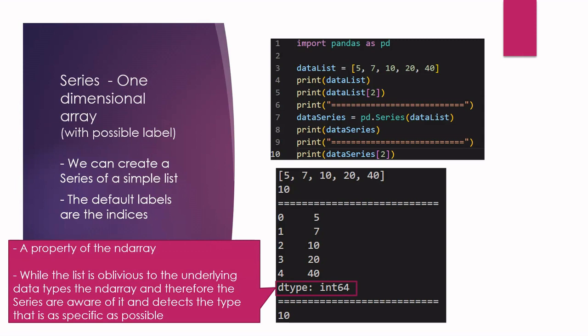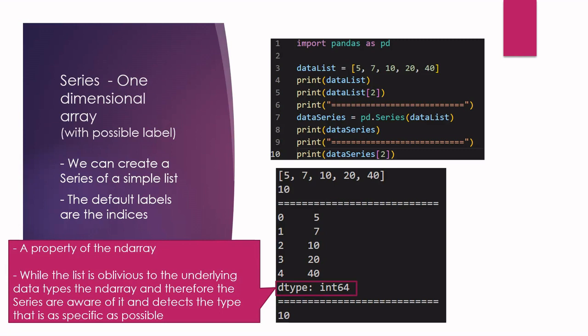We know the list doesn't have any connection to the data type or any tracking of the data types of its elements, right? Now the ndarray tries to find the most specific data type that applies to all of its elements, because it uses that data type for optimizing how to deal with the data.